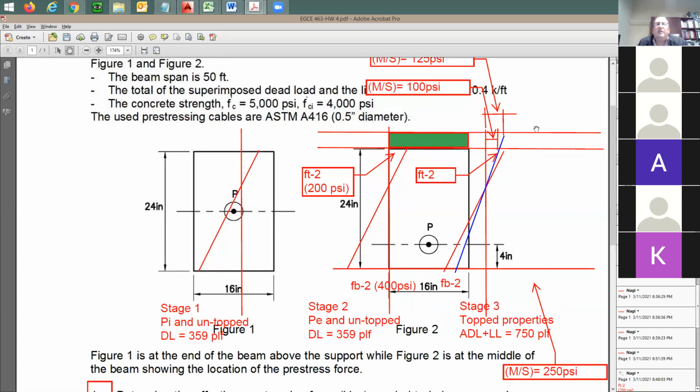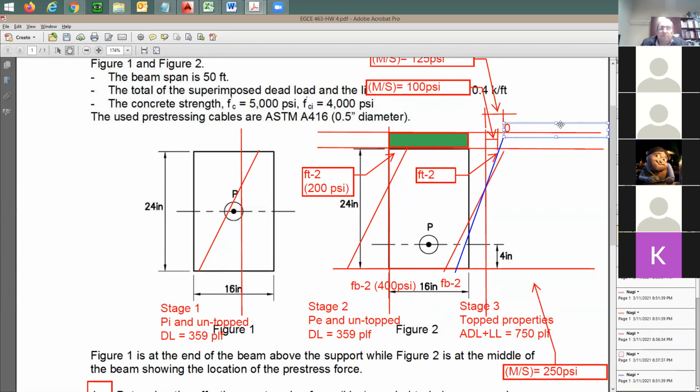Now I need to add this blue distribution to the red distribution. Let me look here at the top. How much stress do you have from the red distribution all the way at the top of the concrete topping? Zero. How much was the stress at this line in stage 2? There is none, because the concrete topping was not there, right?